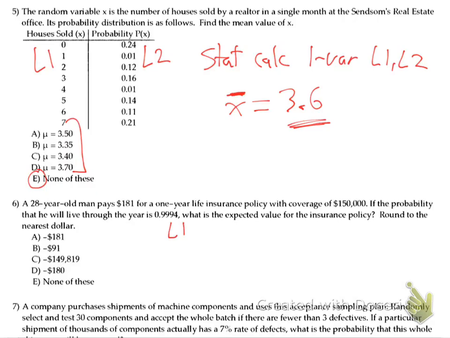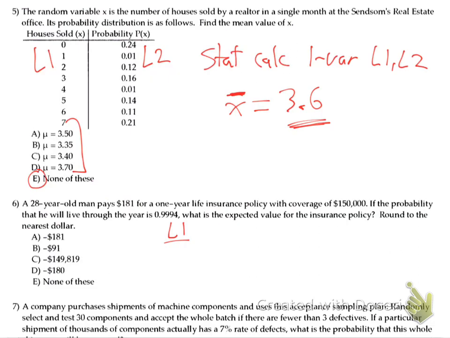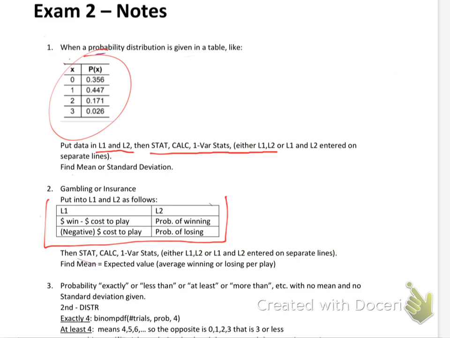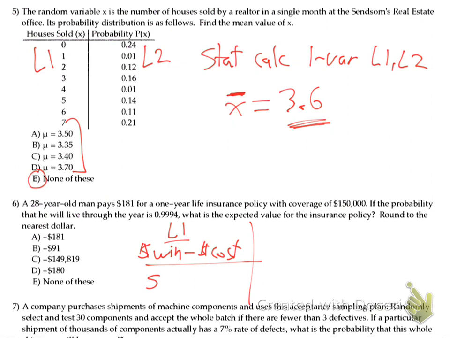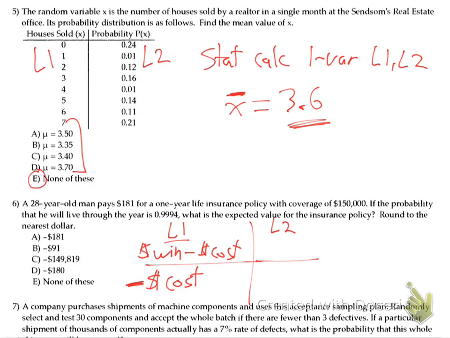So I'm supposed to go L1, and the table's supposed to be dollars win minus dollars cost to play, and negative dollars cost to play. And then over here for L2, it's supposed to be probability winning, probability losing. That's the probability for both those.